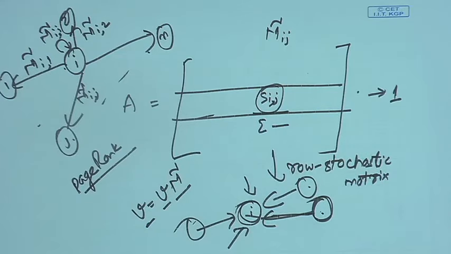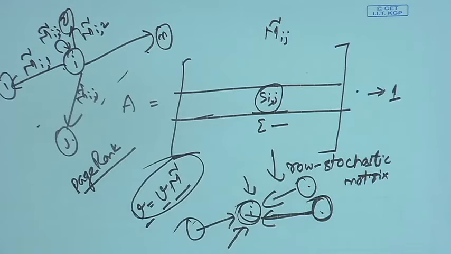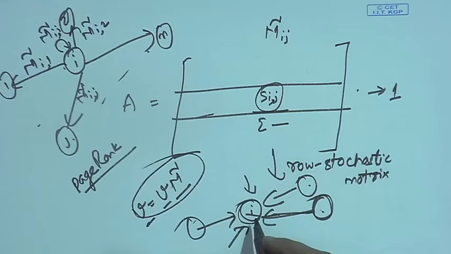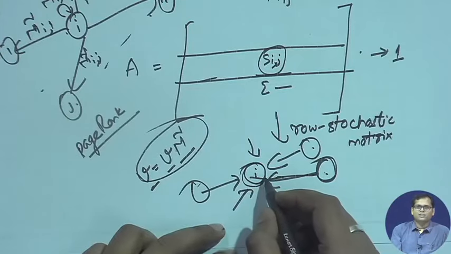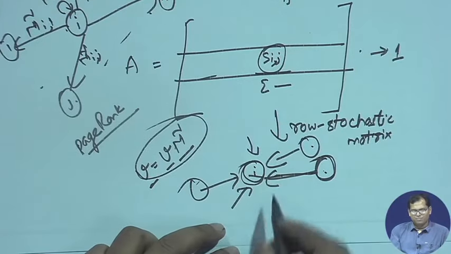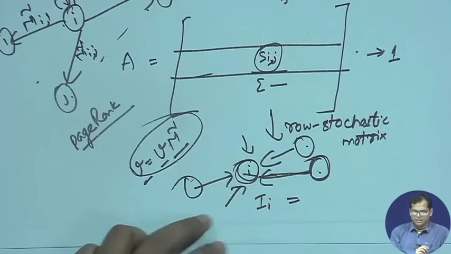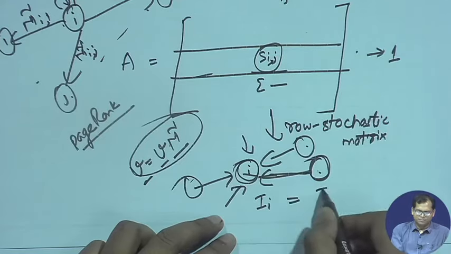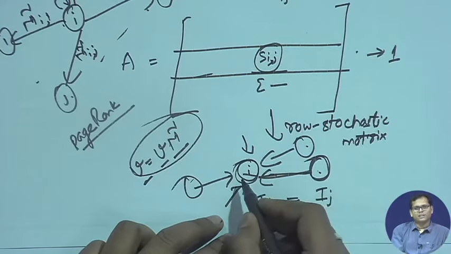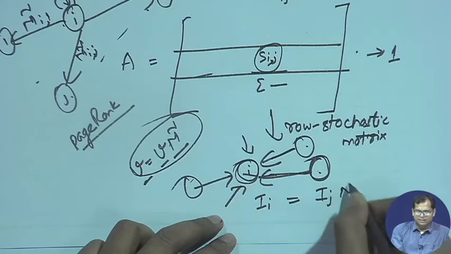And that is formulated by this simple equation. If I want to write it as an equation, the importance of this node I, if I write it crudely, will be proportional to the importance of all the other nodes j that are linking to it, and the probability with which they are linking to it, times m tilde ji.